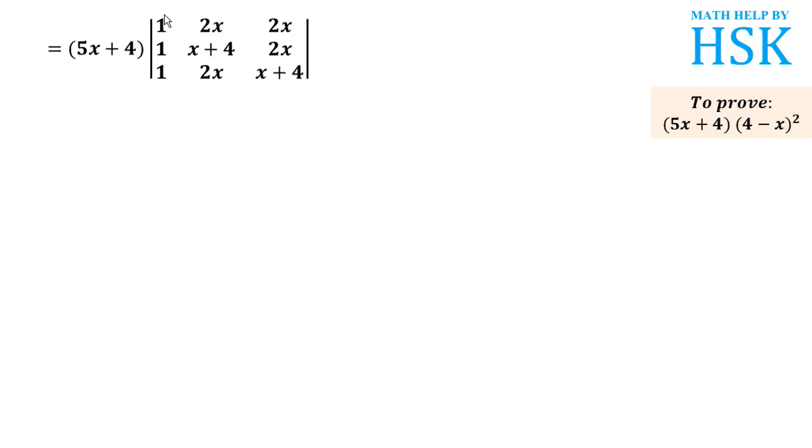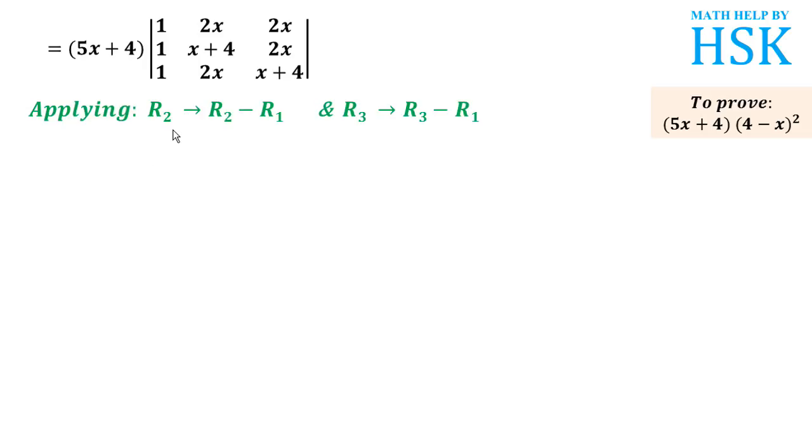Now, on observing this determinant, I see that column 1 has all the three elements equal to 1, right? So the determinant can be converted into a very easy form by making the two elements of a single column, that is column 1, equal to 0.